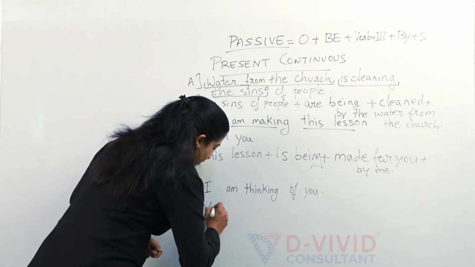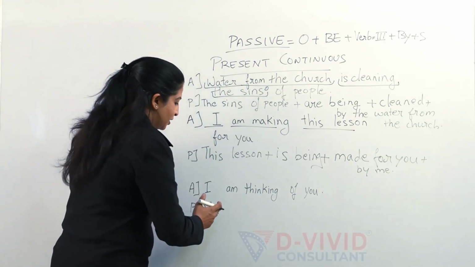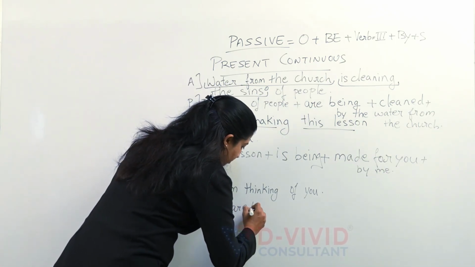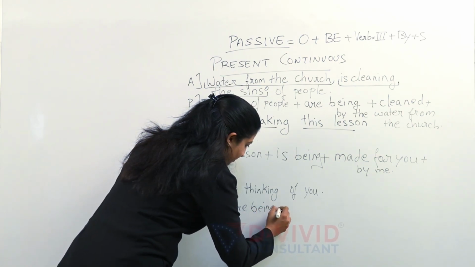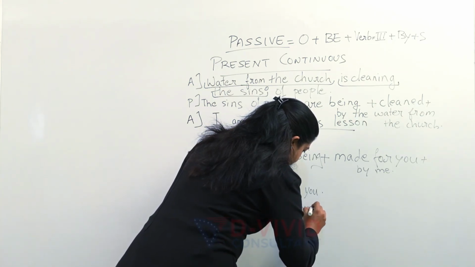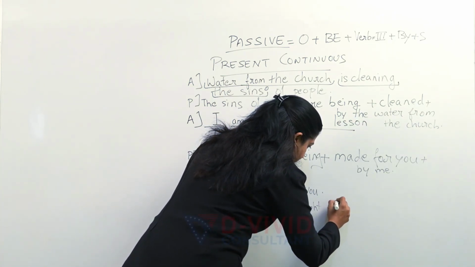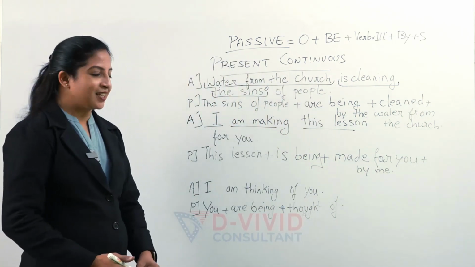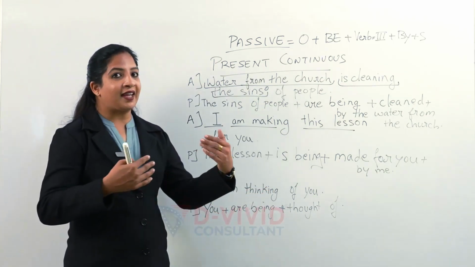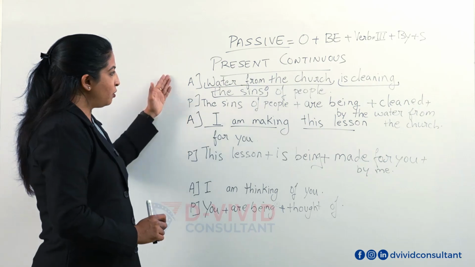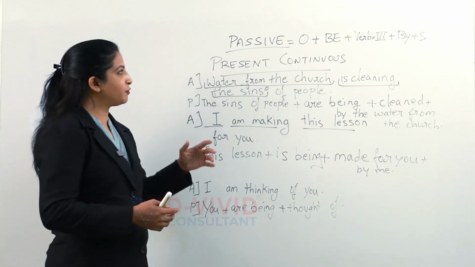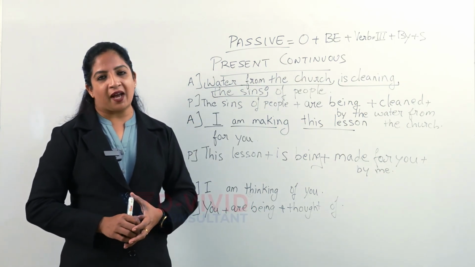So can I just say like this, that you are being thought of by me. That's it. I can omit or I can keep. So you see that it is so simple to understand the usage of present continuous passive.